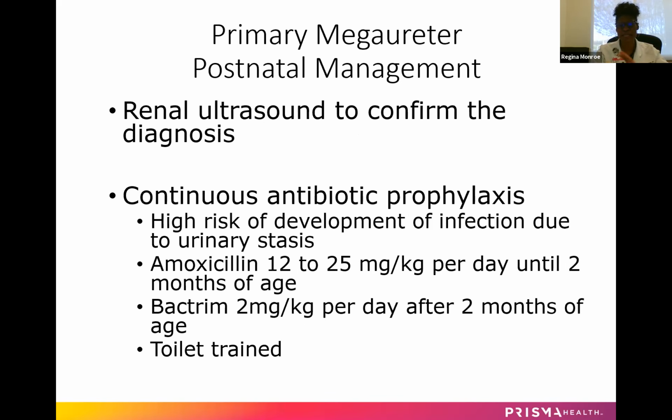So as I said, most of these cases are identified prenatally. And so postnatally, we confirm the diagnosis with a renal ultrasound and place these children on continuous antibiotic prophylaxis, because they are at high risk of development of urinary tract infection due to the urinary stasis. We prophylax with amoxicillin, usually 12 to 25 milligrams per kilo once a day until the child is 2 months of age.